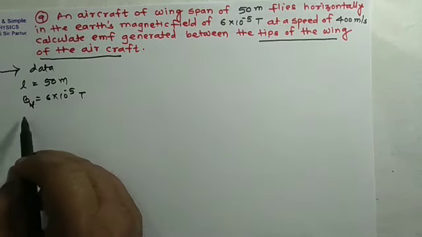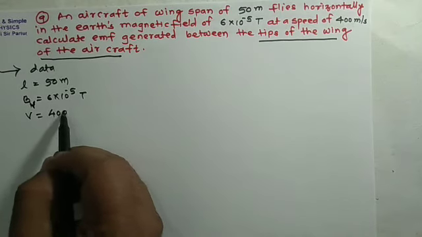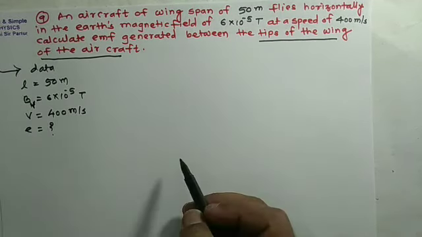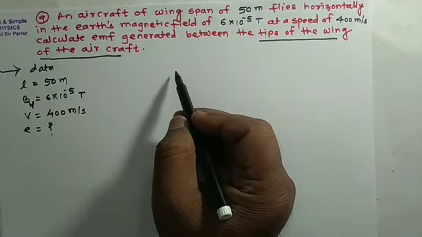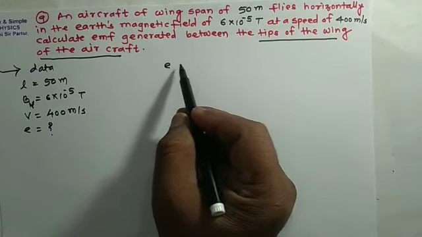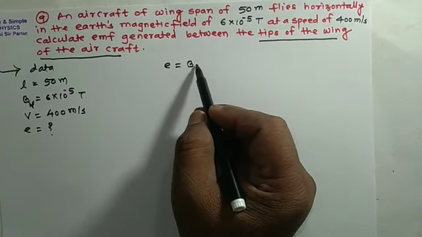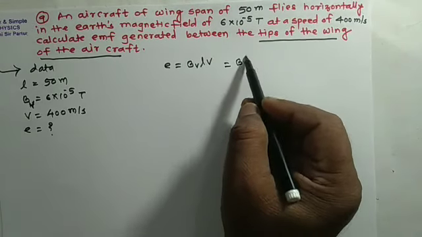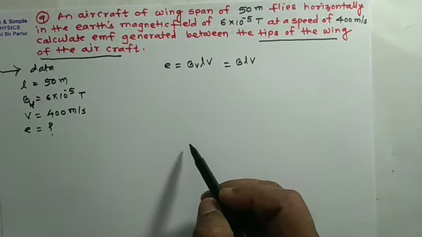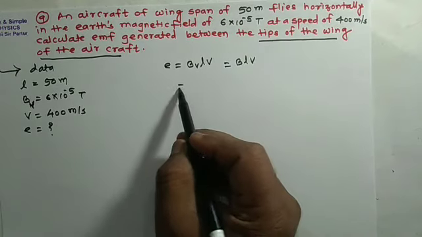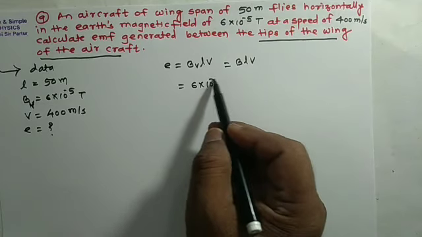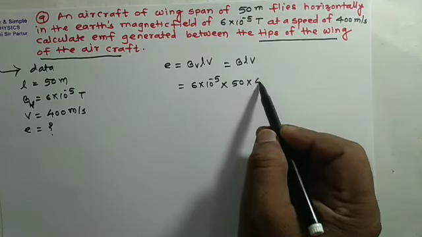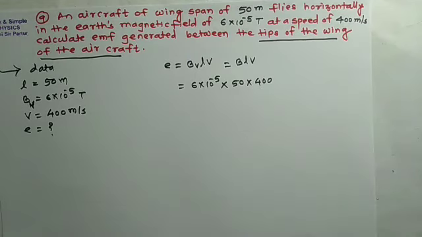The speed is given as V equal to 400 meter per second, and we can find the EMF. Here the motional EMF is given as E equal to B into L into V. So if we substitute the value of B, that is 6 into 10 to the power of minus 5, multiplied by 50 multiplied by 400. So what happened?